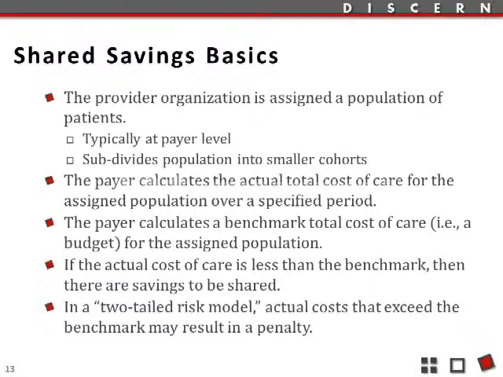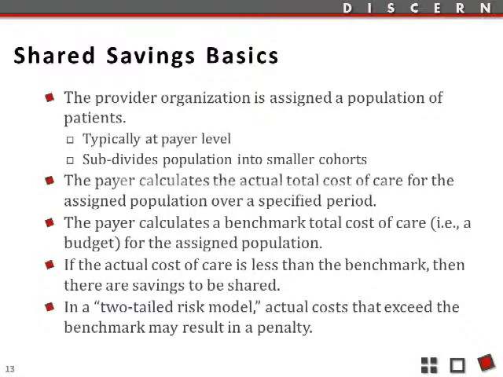And so for that reason, we end up with smaller populations within the overall provider organization than we would have if we could group all of the patients together into a single shared savings pool. And as we'll see throughout the presentation, that's important because population size is probably the single largest driver of random variation in these programs.